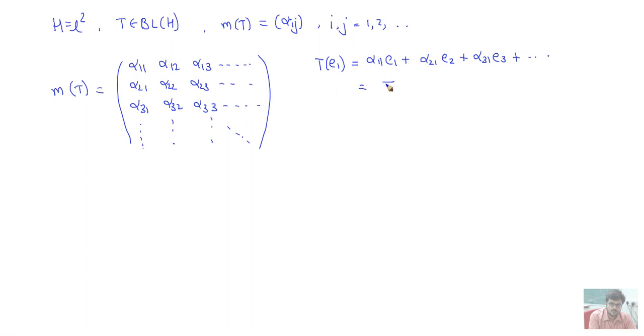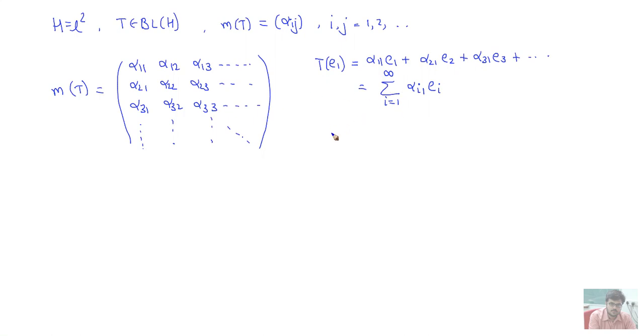So this is nothing but the summation i equals 1 to infinity of alpha_i1 e_i. These coefficients of T of e1 we write in a column. So here we have alpha 1 1, and then alpha 2 1, written in this column. This is how we express it.